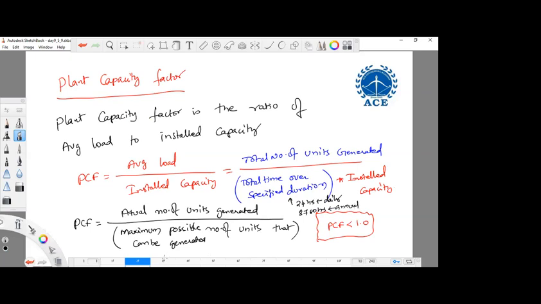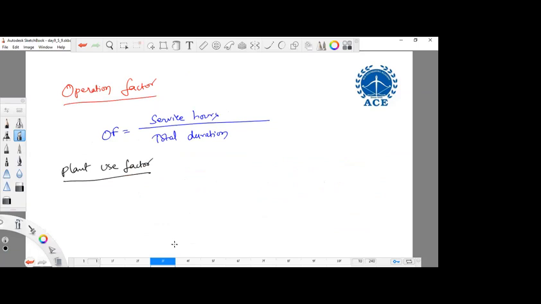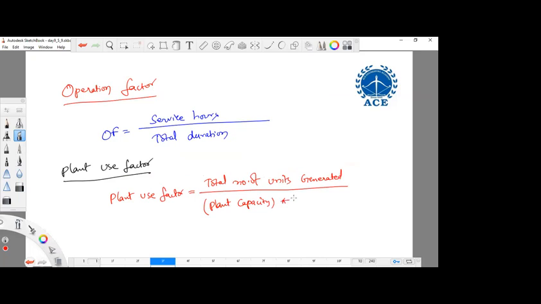But in the case of plant use factor, we calculate only for the number of hours that the unit has run. Plant use factor is equal to the total number of units generated divided by plant capacity multiplied by service hours.